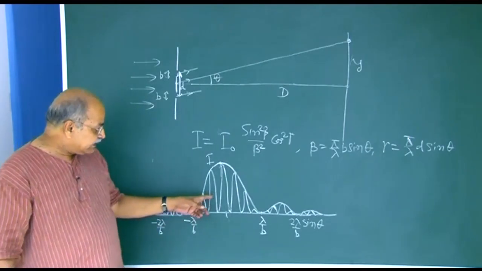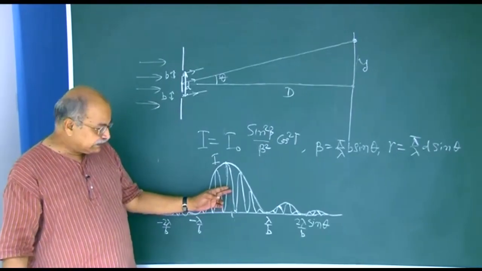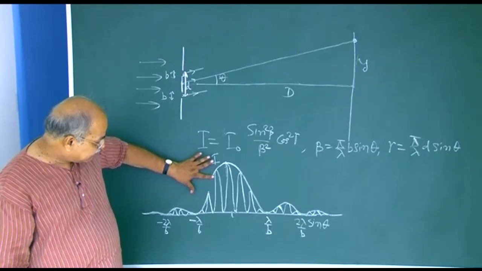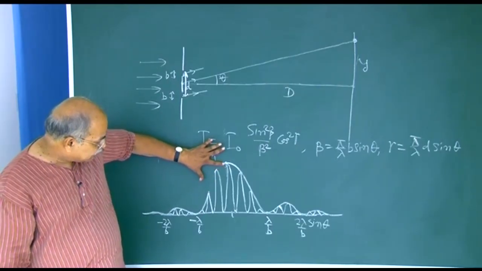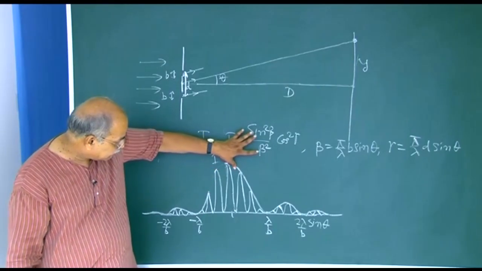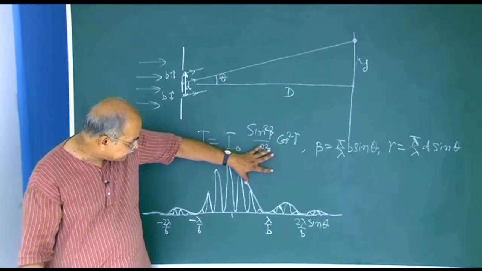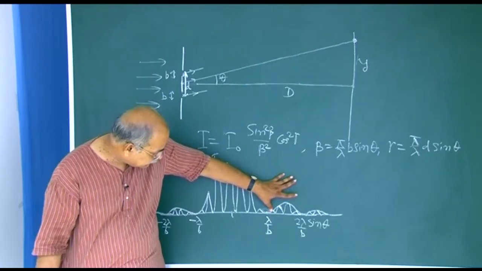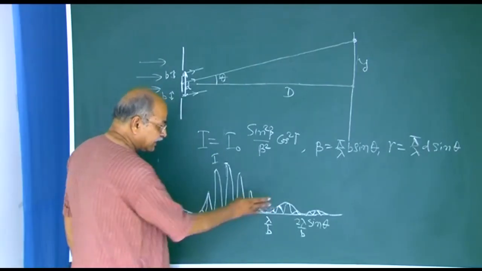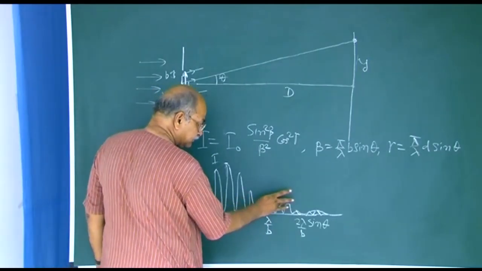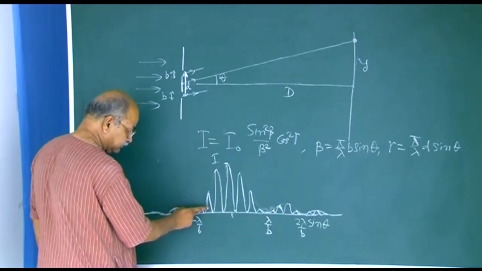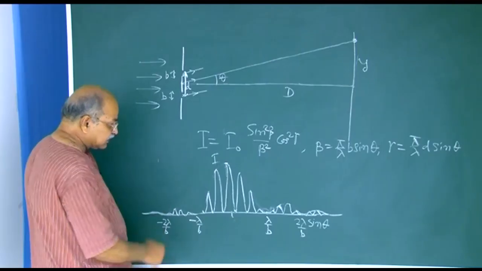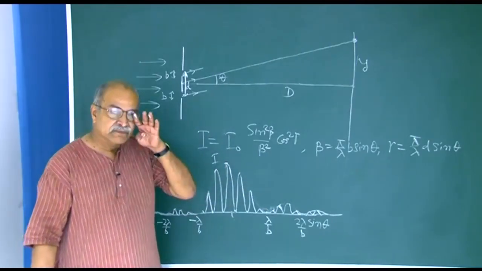So the intensity variation is given by this inner line. If you wish, you can remove that outer envelope, and this gives you the intensity, the graph of intensity as a function of sin theta, like this. This is the kind of intensity variation.